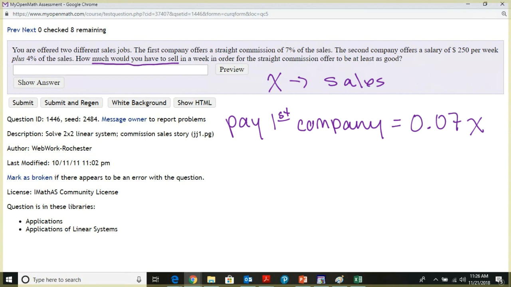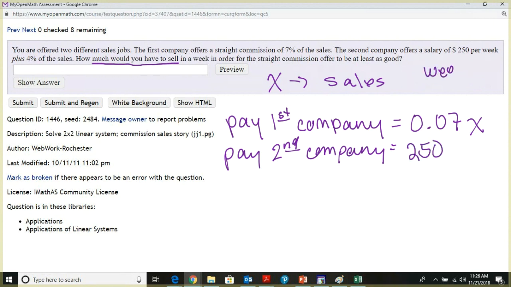The second company, his pay is going to be $250 per week. So we're thinking about this weekly now. And it does say in a week. So 250 plus he gets 4% of his sales.